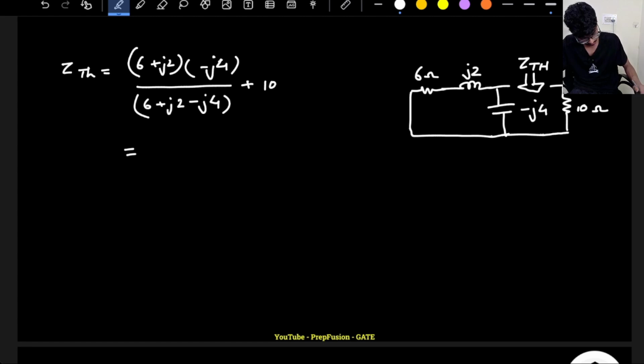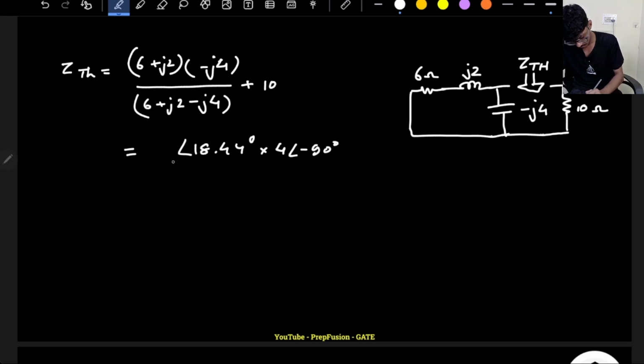So 2 divided by 6, tan inverse is 18.44. This is 4 angle minus 90, and the magnitude of this one is square root of 40, which is 6.32, divided by the denominator, whose magnitude is also 6.32 but the angle is just opposite, 18.44.